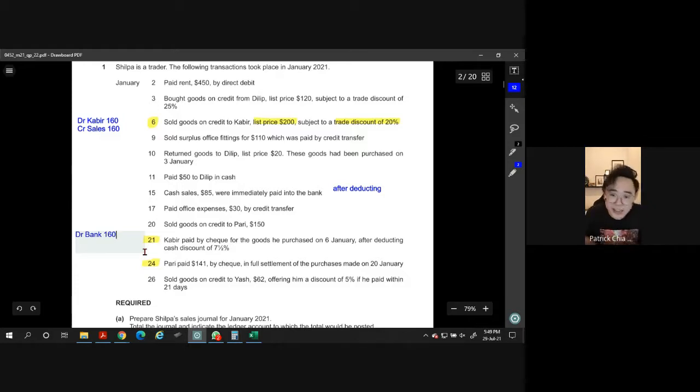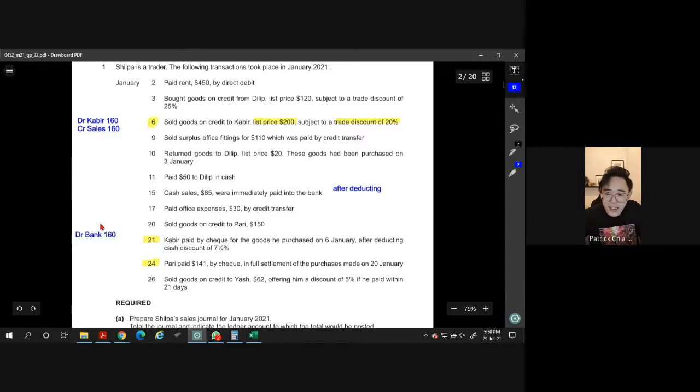Or I need to minus the discount, right? So this question is quite obvious. I'm pretty sure you guys all will tell me that I will need to minus the 7.5%. Am I right? Okay, so that means the 7.5 is the discount that we give to Kabe. Correct? So this is not that confusing.